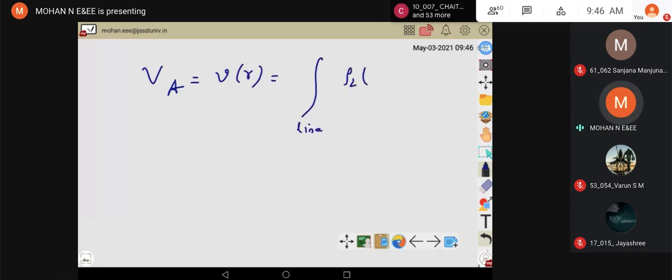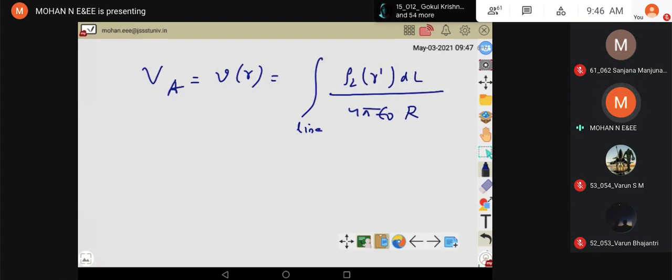So rho L of R dash dl divided by 4 pi epsilon naught R, that is the distance between the point A as well as the line charge, where R is equal to R minus R dash. So this is the potential due to a line charge.